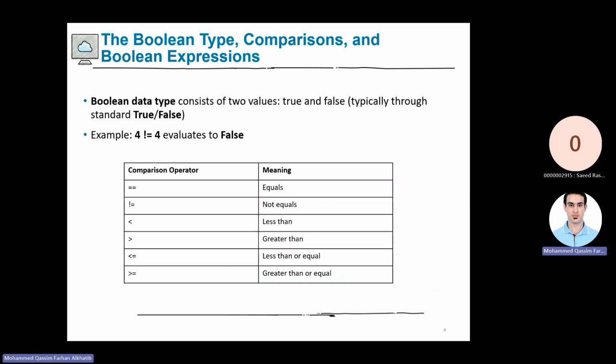Okay, so here are the logical or Boolean operators. So Boolean data type consists of two values, either true or false. So for example, here, this one reads like 4 does not equal 4. So this one acts like negation. Now negation not in the numbers domain, in the Boolean domain. So negation means if it's true, make it false.